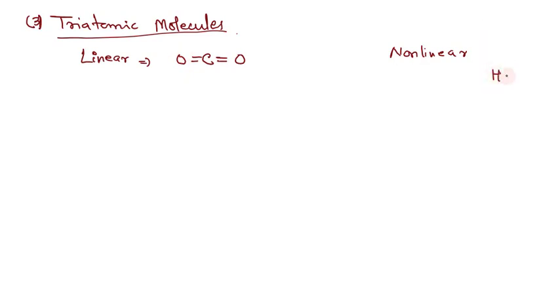A very simple example of a non-linear molecule is H2O. There will be a lone pair, which will bend the bonding, so it will be a non-linear triatomic molecule.